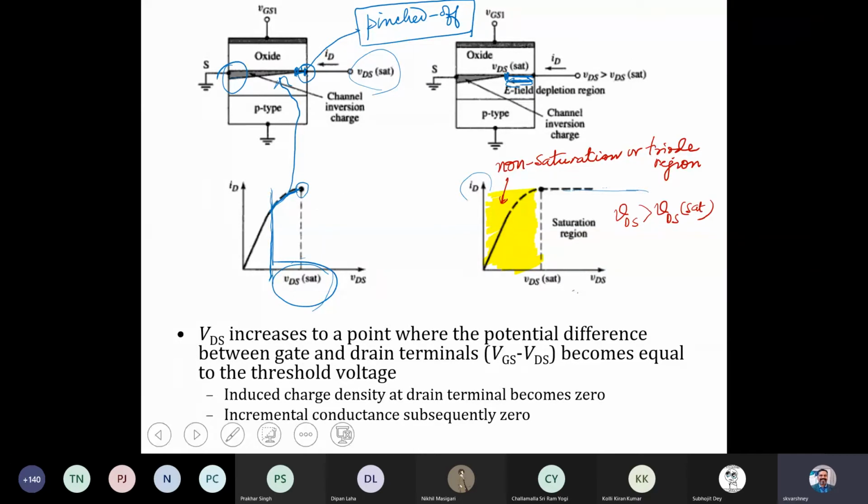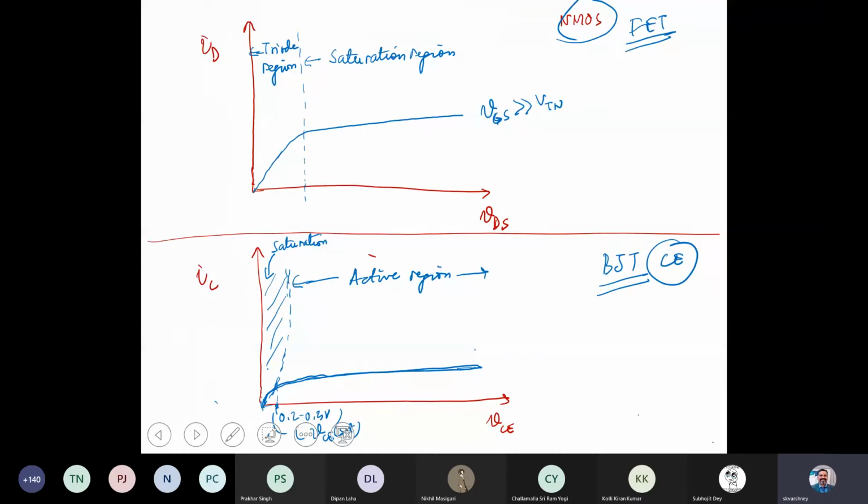So we can get these equations for this NMOS. If you want to see the derivation, it is not available in the Neamen book, but if you're interested, I can also discuss. You can also read Sedra and Smith or any other book on solid state electronic devices.